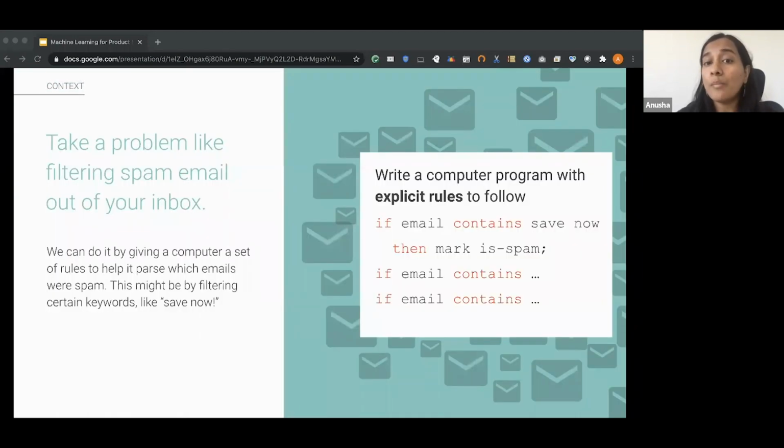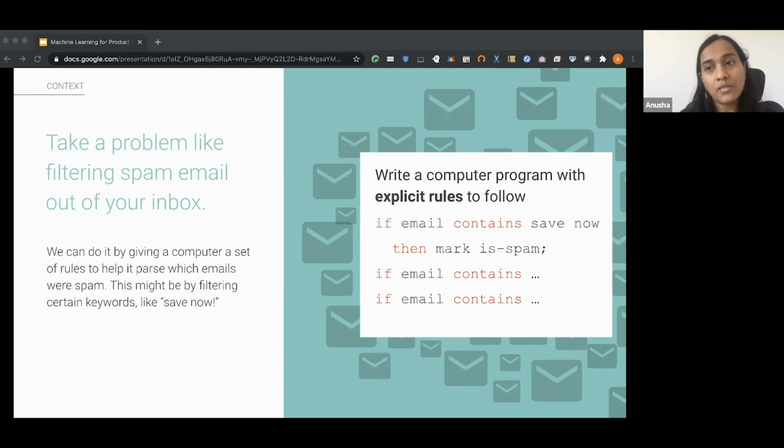So, take a problem like filtering spam email out of inboxes. We can do it by giving a computer a set of rules to help it parse which emails were spam. This might be by filtering certain keywords like "save now," or if the email contains certain text, mark that as spam.